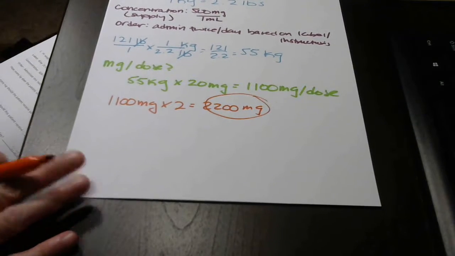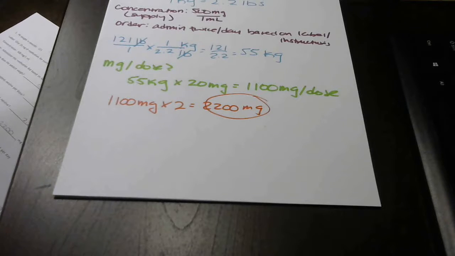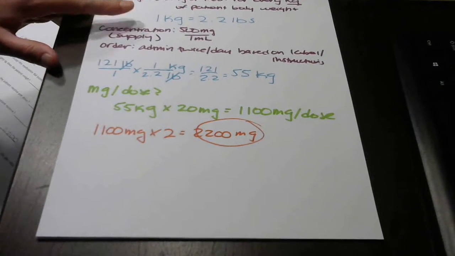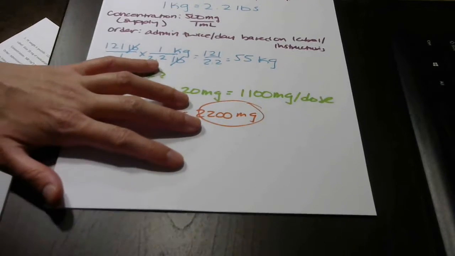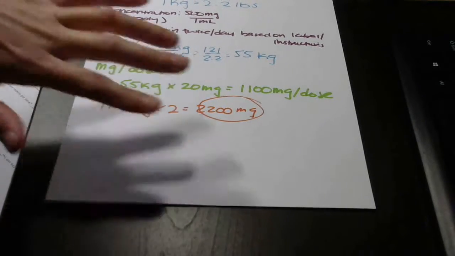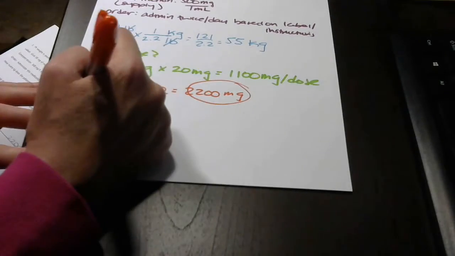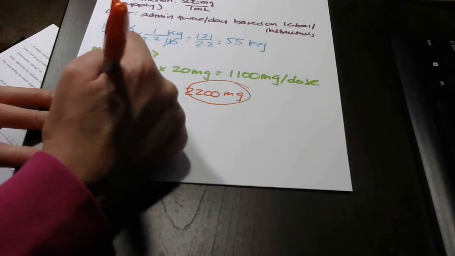And the final question is, how many milliliters will the patient receive per day? So now we need to figure out how many milliliters, so we're going to do our conversion. We know that we're looking per day, and that the patient is going to get 2200 milligrams per day.